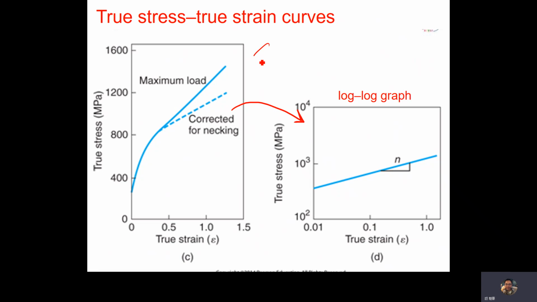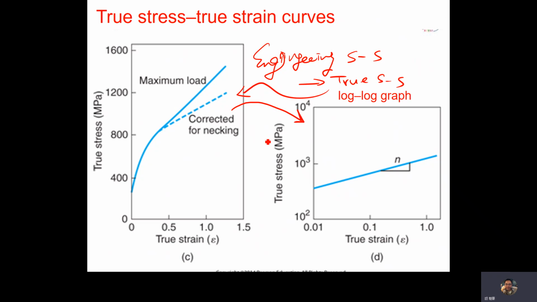We can convert it from the engineering stress and strain curve to the true stress and strain curve, like this. And when we take the log graph, we can convert this true stress and strain curve to a linear relation.